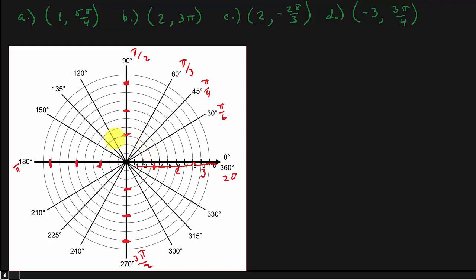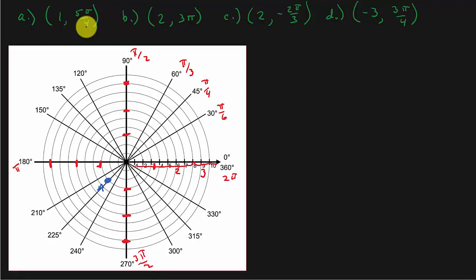So we're going to come around and rotate 5 pi over 4, which is about right here. So this would be the point A. You go over 1 and rotate counterclockwise, and 5 pi over 4 radians is 225 degrees.